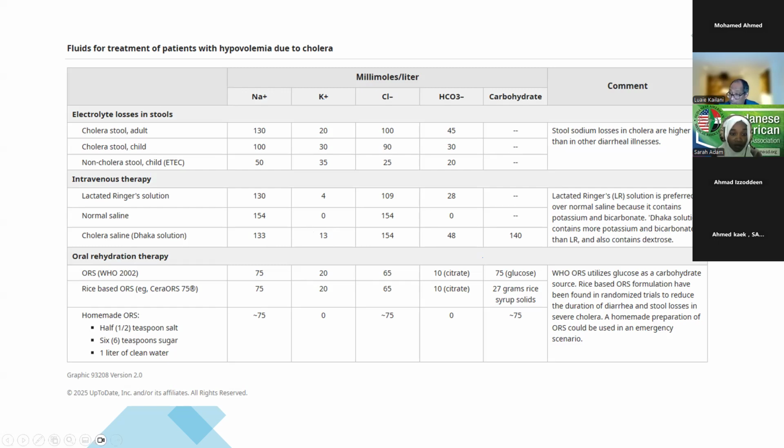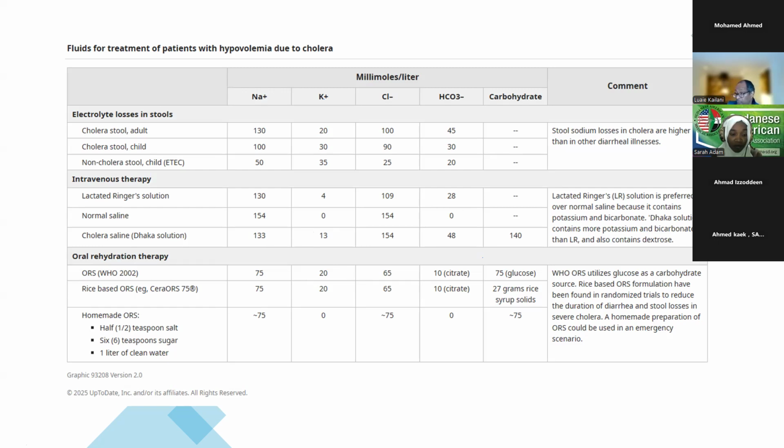You could see it in the middle of the table, it's 13 compared to 4 in Ringer's lactate. So this is great if you have that. And then there is rice-based ORS as compared to the WHO kind of ORS. And there is some advice down about homemade ORS, where even if you don't have ORS, you can use it.